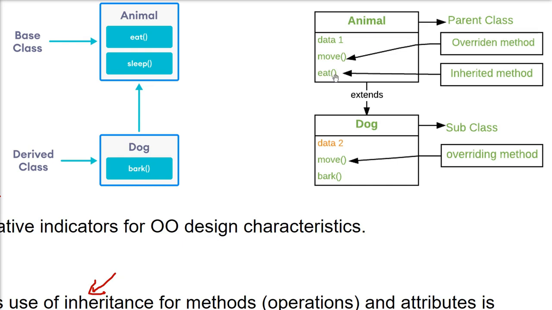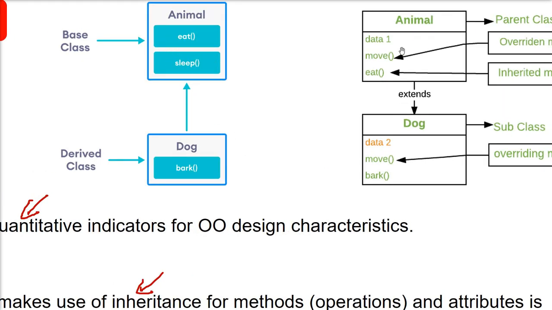But if dog wants to make its own implementation for the function, say move, so this move, the function being newly implemented by dog, not using the previous one of animal, this is called the overriding method.